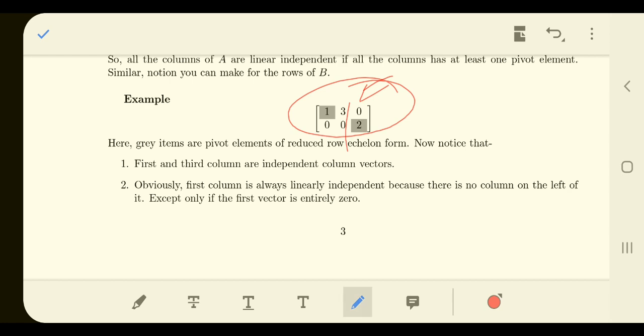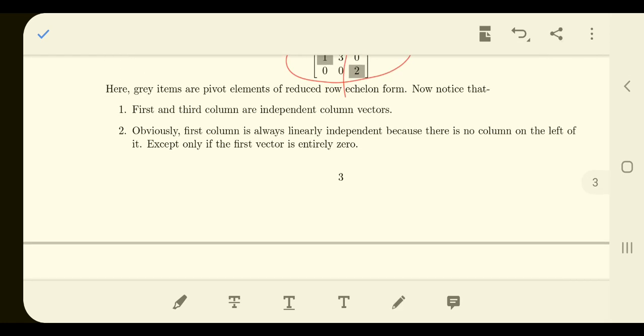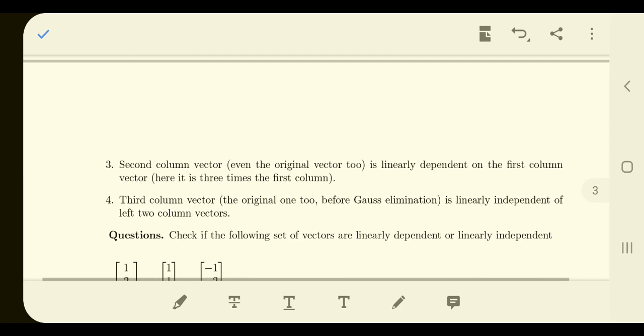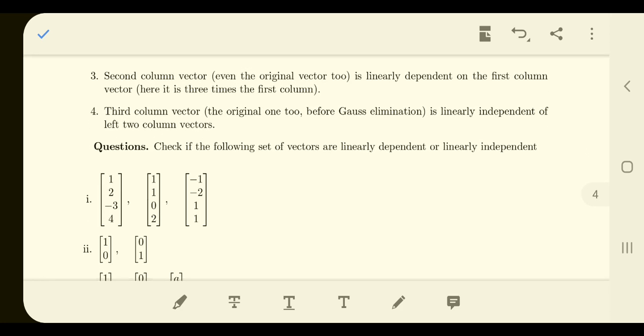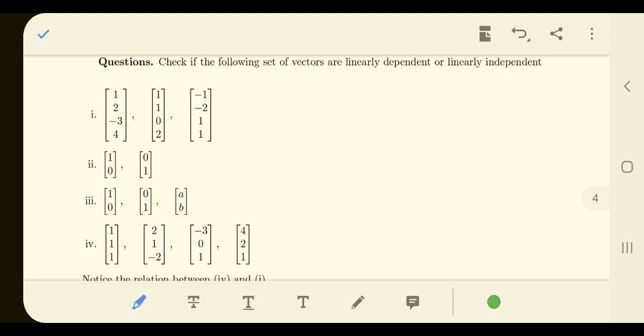So there are a lot of things that we can try to understand with the help of Gauss elimination. Thanks to Gauss, we have this beautiful algorithm which can solve a lot of problems. You can also try these examples to know whether they are linearly dependent or linearly independent sets of vectors.